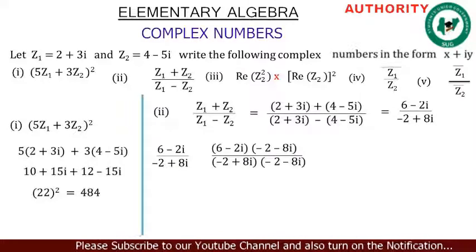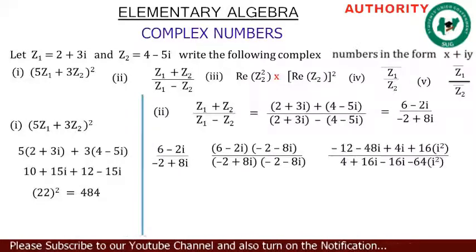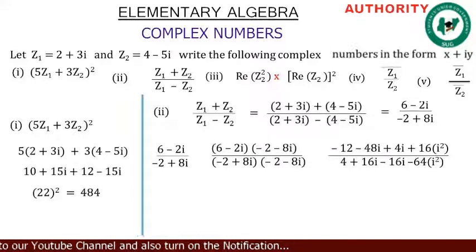When you perform the operation in the numerator, we have minus 12 minus 48i plus 4i plus 16i squared. In the denominator, we have 4 plus 16i minus 16i minus 64i squared.